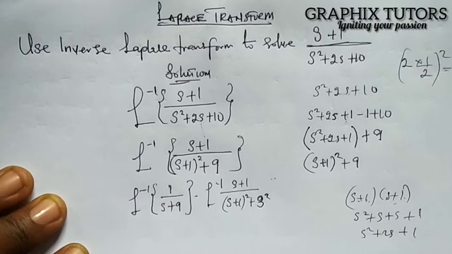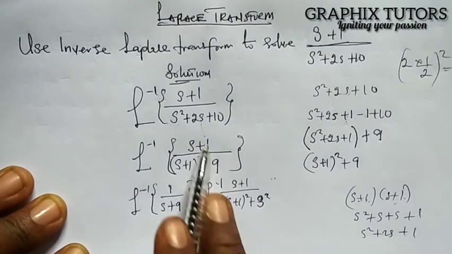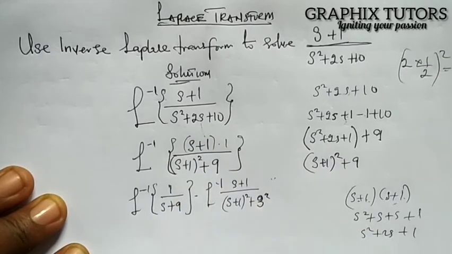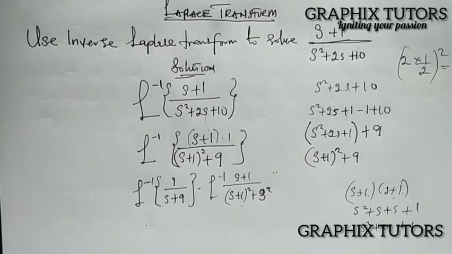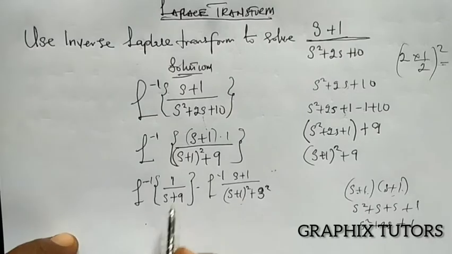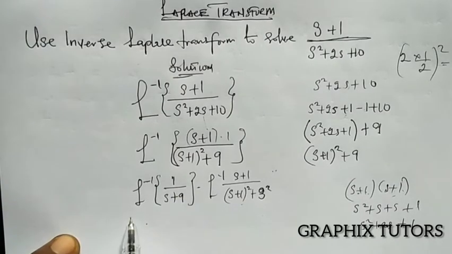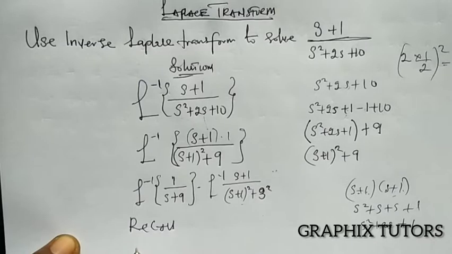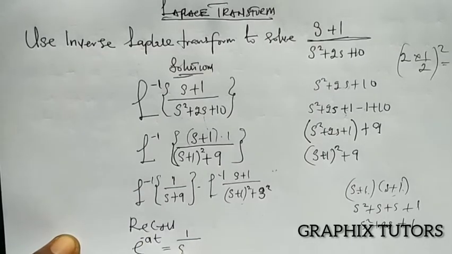Is that okay? Because if I do this, I will surely have something like it, because in this place here we now have the coefficient of 1 here. So if you recall, let me take you down memory lane: if I have e raised to the power of minus at, it gives me 1 all over s plus a, right?